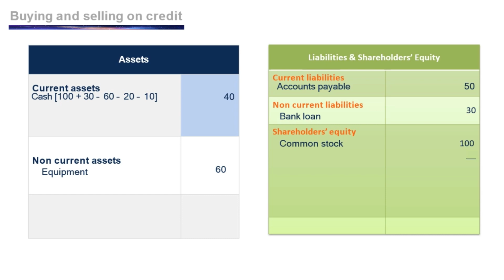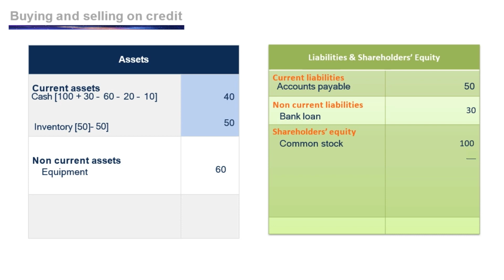So the 50 becomes a liability under current liabilities because it's paid within 1, 2, or 3 months. It's according to the terms of credit that you have with your suppliers. But at the same time, we are receiving inventory in stock. So that's it when you buy on credit.